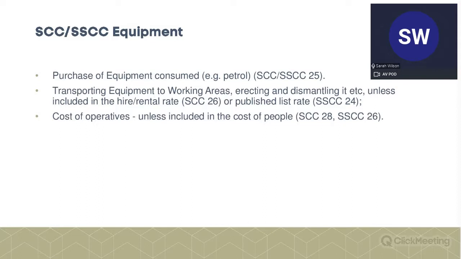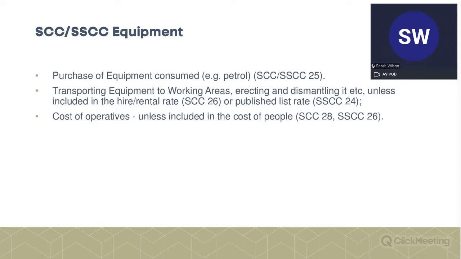They both provide for the cost of transporting the equipment to the working areas, and also for erecting and dismantling it. Again, to balance this so you can't double claim, if that cost is included in the hire or rental rate, then obviously you can't claim it. So there's a huge element of transparency here.